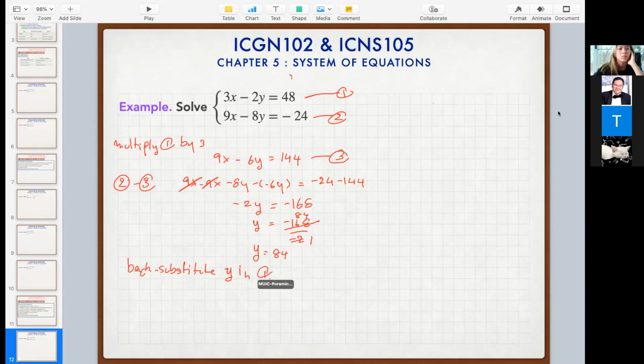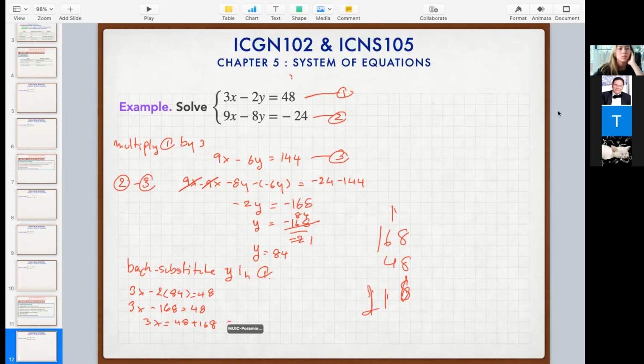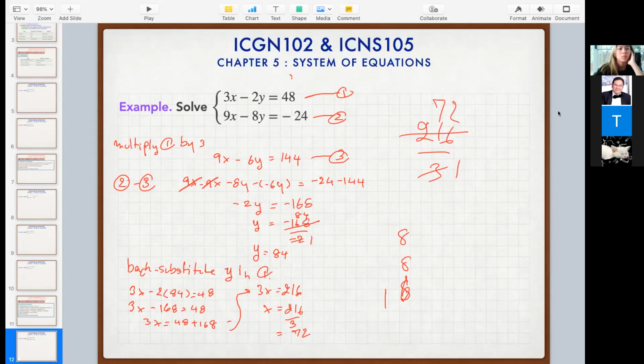So 3x minus 2 times 84 equals 48. 3x minus 168 equals 48. 3x equals 48 plus 168, which is 216. So x equals 72. So I get the answers for x and y already.